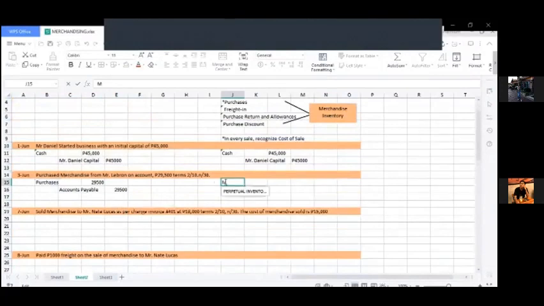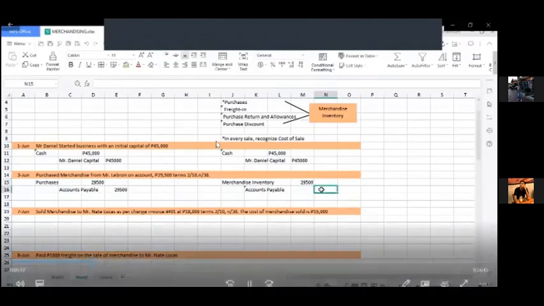Merchandise inventory, debit, and credit accounts payable. So dito, nagre-recognize tayo ng inventory, no? 29,500 and 29,500.